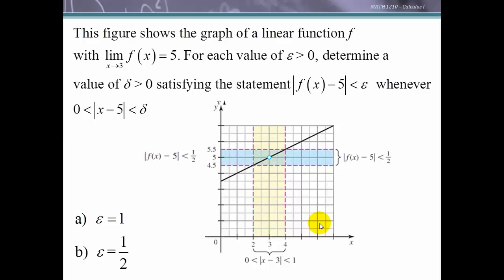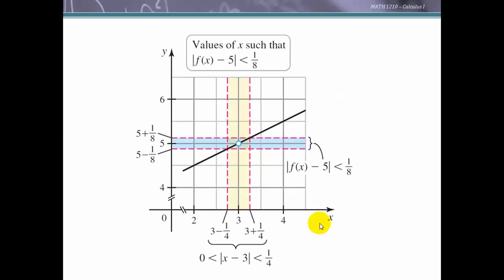So our delta in this particular case is 1. We could just keep making epsilon smaller. What if epsilon was 1/8? We could still find a delta such that when |f(x) - 5| is less than 1/8, we would have |x - 3| less than a certain delta, and you can see in this case that delta would need to be 1/4.